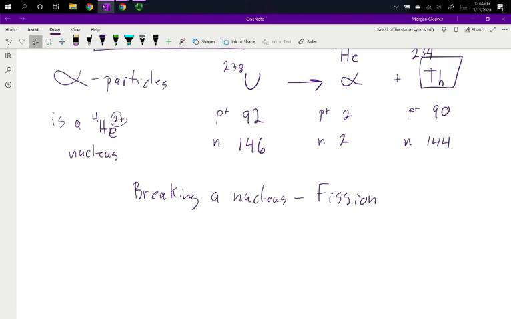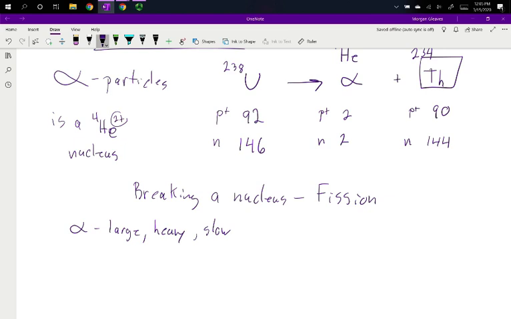So that's alpha particles. Well, alpha particles are fairly large. So alphas are large, heavy, and compared to beta and gamma, slow. They're still moving a good chunk of the speed of light, but they're slow enough that they can be stopped more easily than beta and gamma.